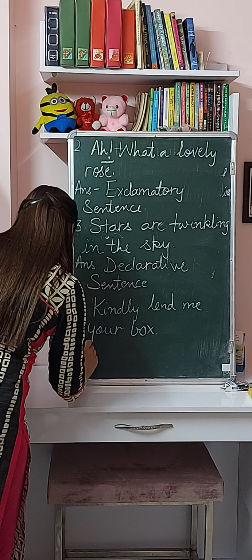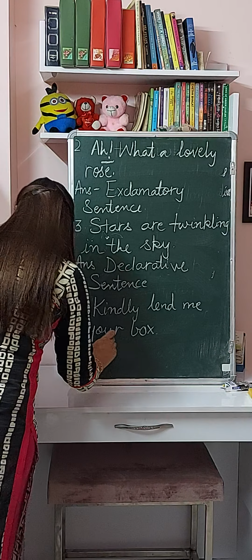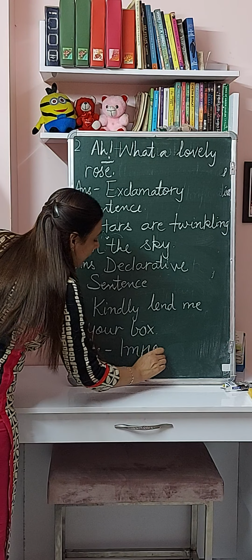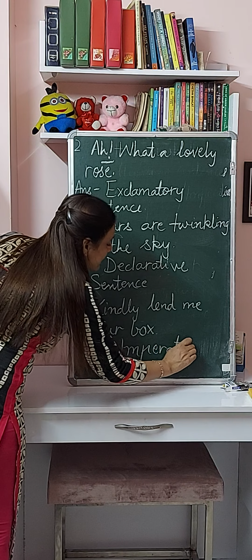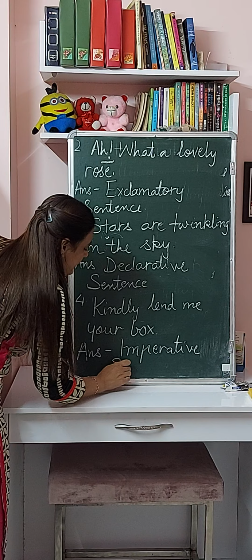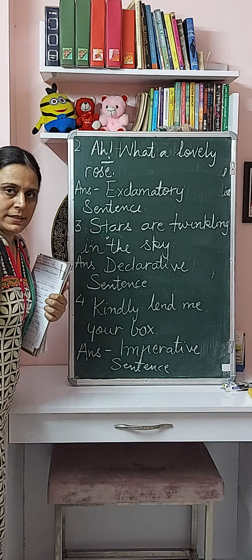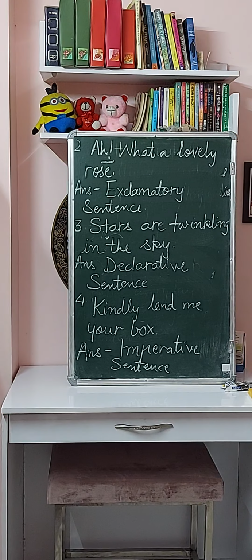When you are requesting someone for something, what kind of sentence does it become? It is an imperative sentence. Alright. So you quickly note it down. Hurry up. Just quickly write down the sentences and the answers also along with it. I hope you all are able to understand these sentences.